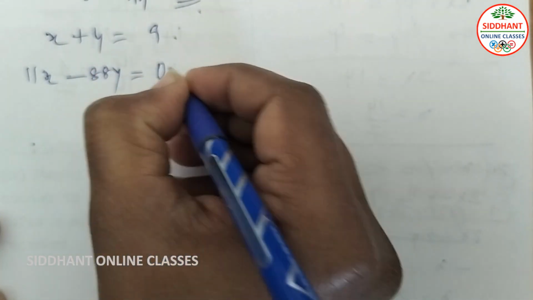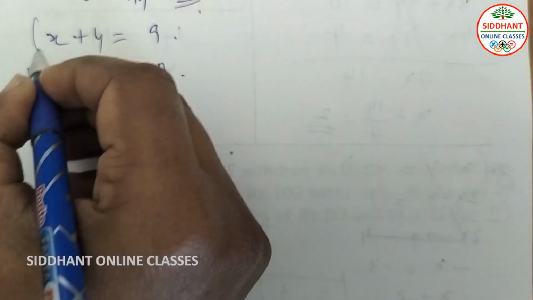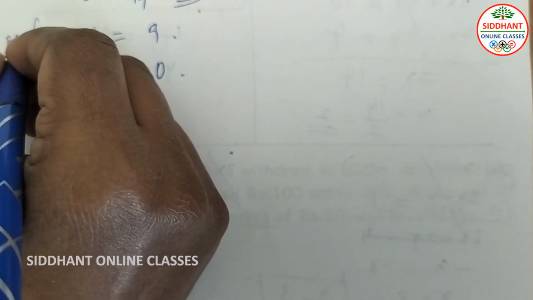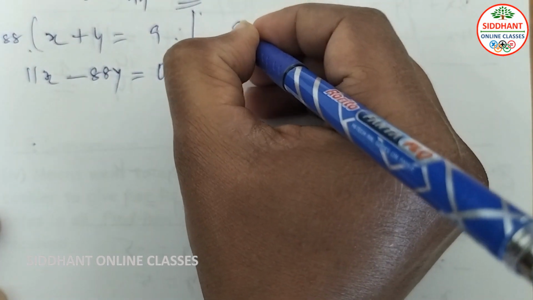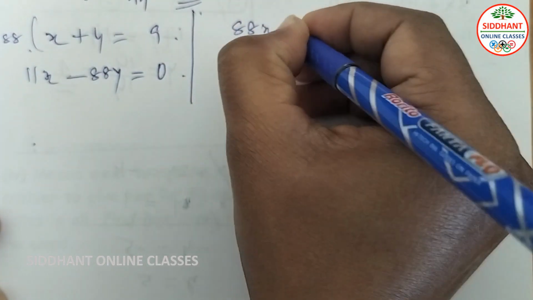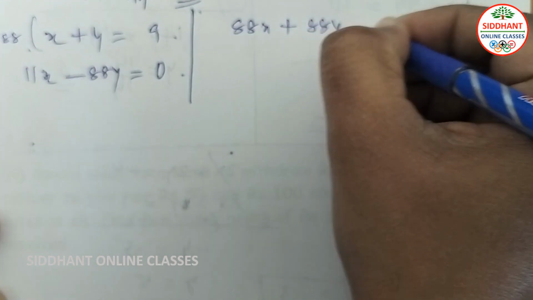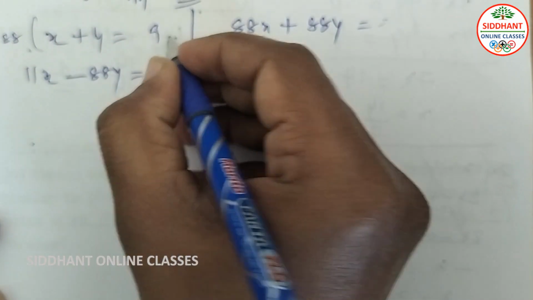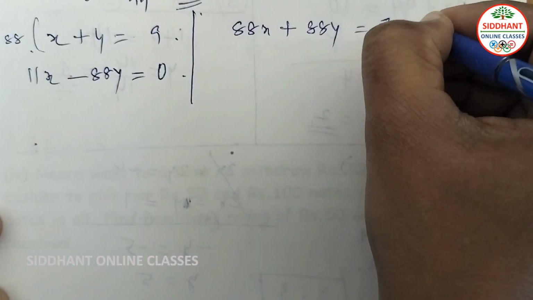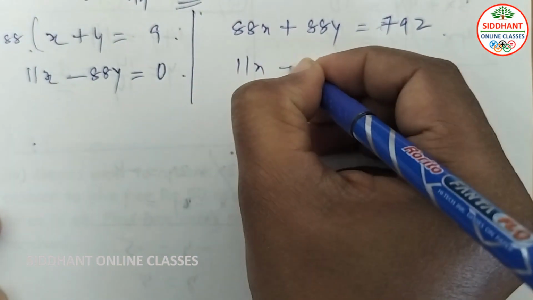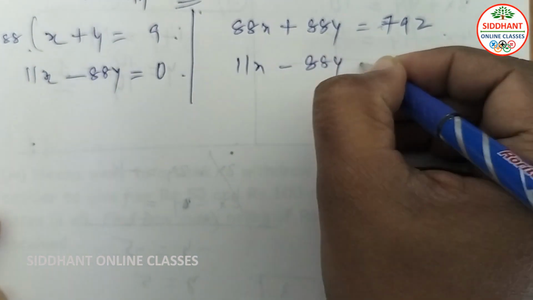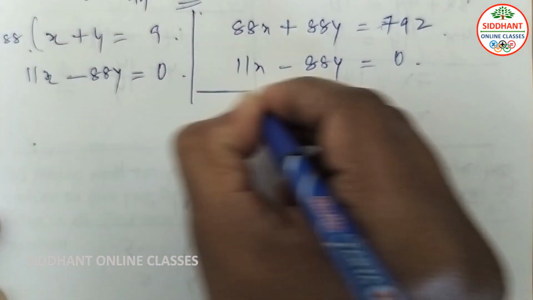Now we are going to multiply the first equation with 88. Now we get 88x plus 88y equals 88 into 9, we get 792 here. Now the second equation, which is 11x minus 88y, equals 0.